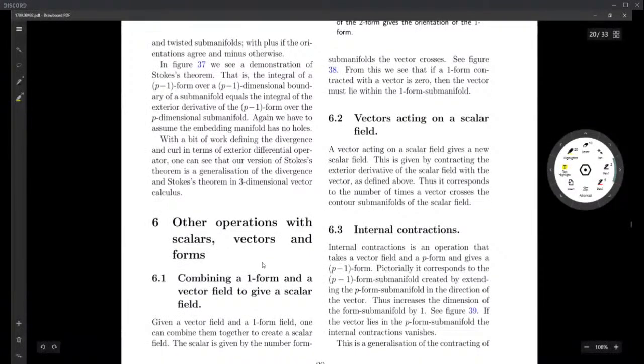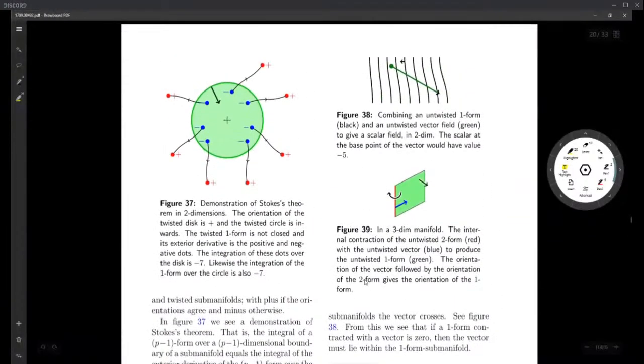So then, other operations with scalars and vectors. I'll finish this up very quickly. Combining a one form and a vector field to give a scalar field. Let's take this example. We have a one form, that's a line, and the one form is going this way. This is very simple. We just combine an untwisted one form and an untwisted vector field, a vector field that's going this way.